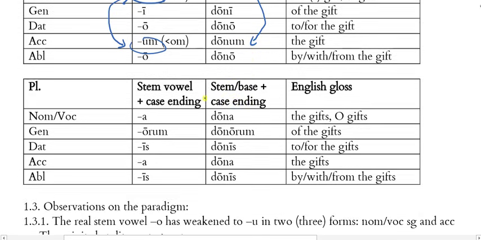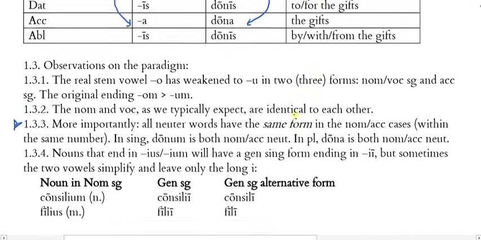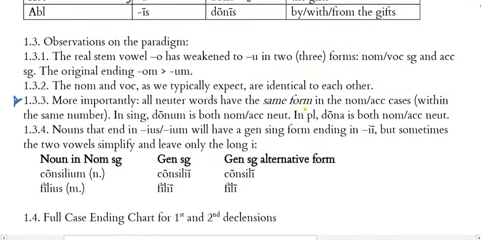And then on the plural forms, we have nominative and accusative plurals are the same case ending, -a, and you'll notice that the form on the noun itself, dona, dona, nominative and accusative plural, those are the same. So they're ambiguous, so how are you going to be able to tell the difference between them? You have to pay attention to the context.